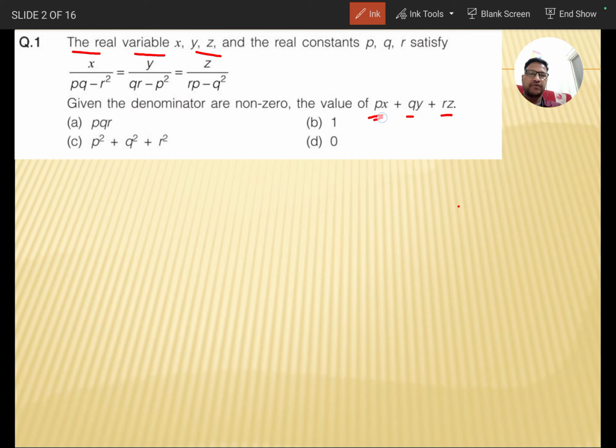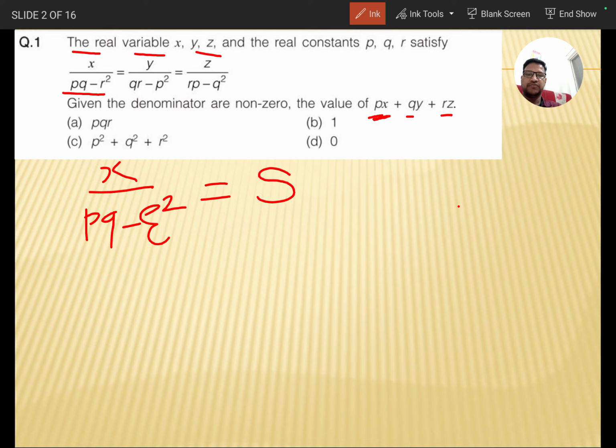If I multiply the first variable by p and divide by p, then what will I get? The first condition is x divided by (pq minus r square), and I assume that this whole term is s. Because my name is Shekhar, that's why I assume that this whole term is s. If I multiply by p and divide by p, I get the px value.